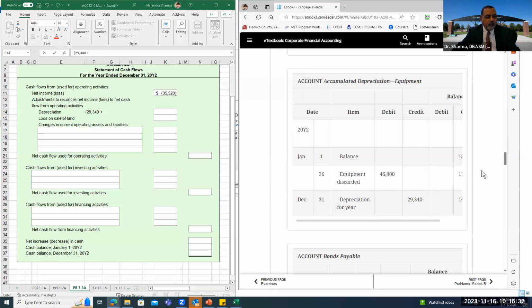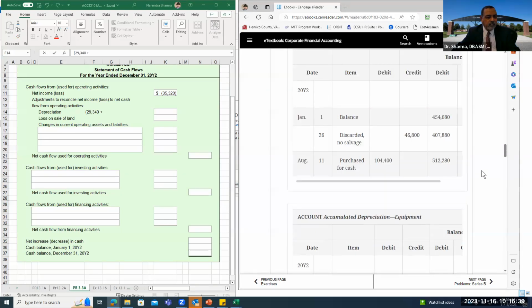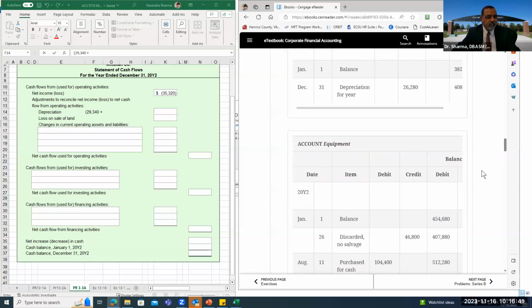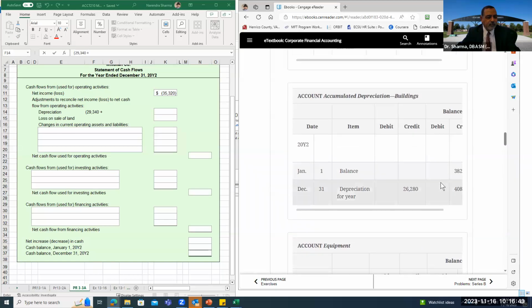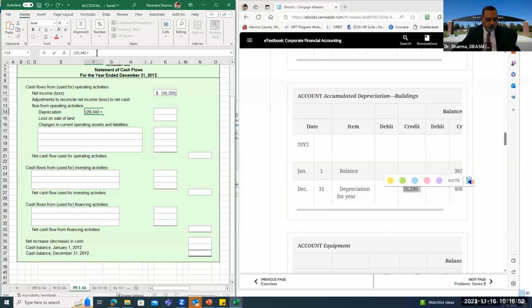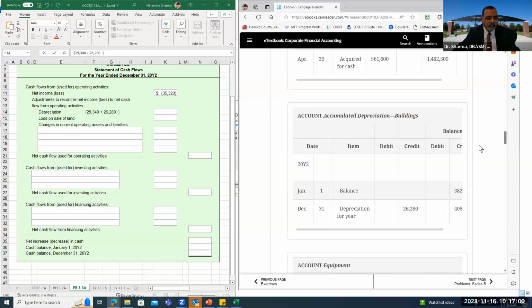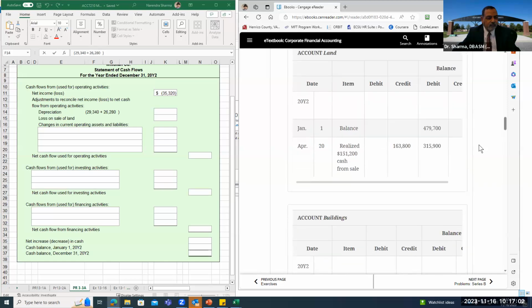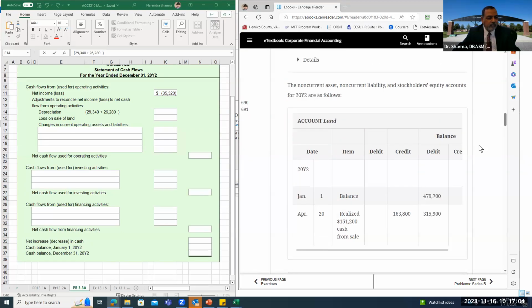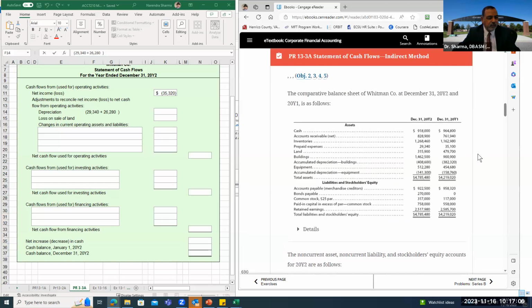Okay, we're going to look up and see if there is anything here. There is a depreciation for building, 26,280. So I'm going to add that 26,280 to that figure. Now, is there another accumulated depreciation? I guess not, because land is not depreciated, so we are good.